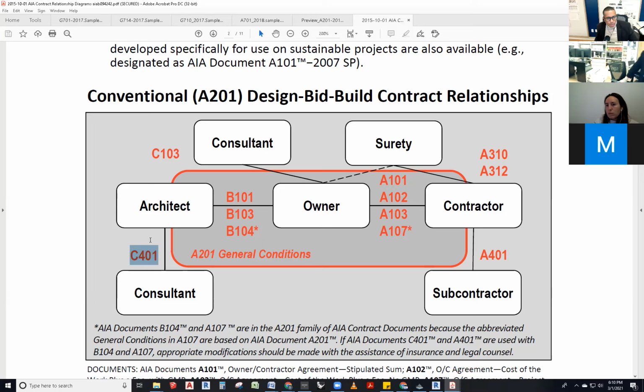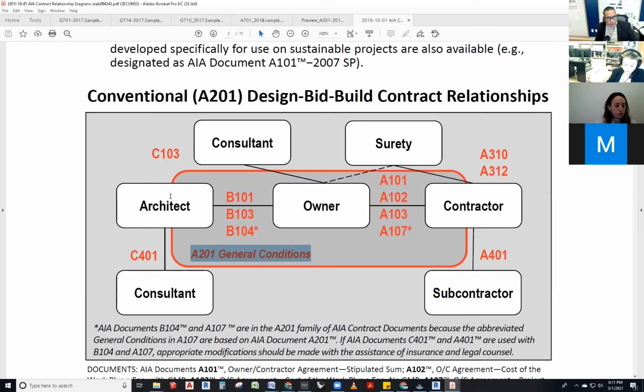But when construction begins, when an A101 is signed on a traditional delivery method called design, bid, build, there is a general conditions of the contract that controls all of the parties within the project. It's that general conditions of the contract that we are going to be the construction administrator of.